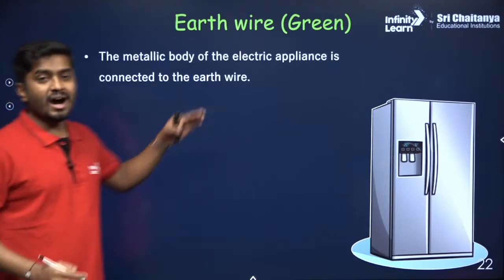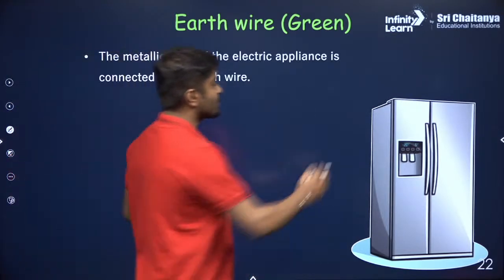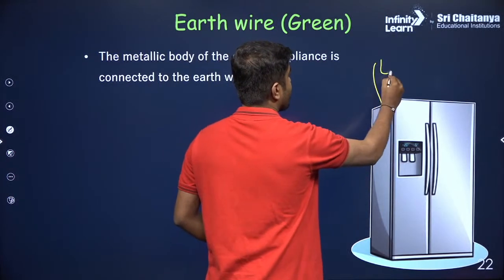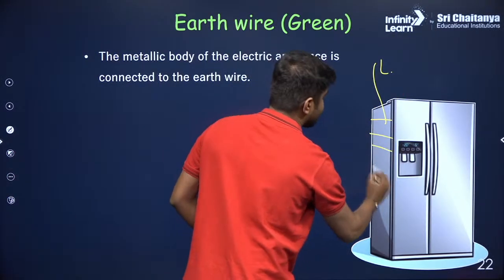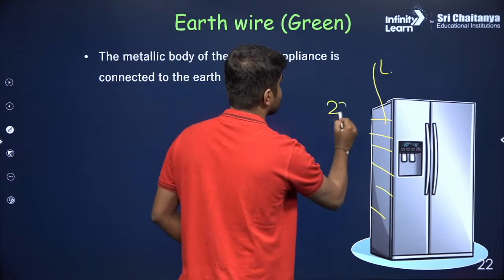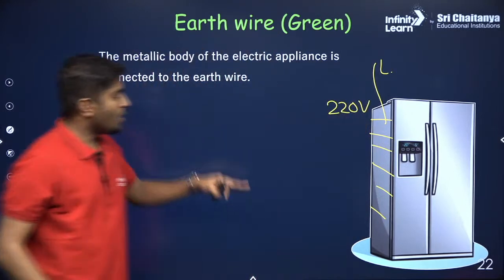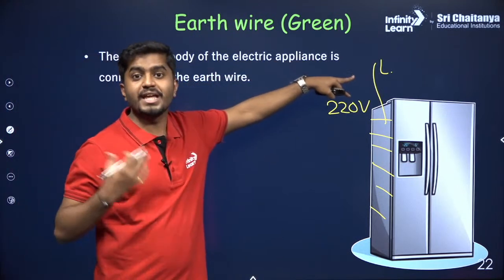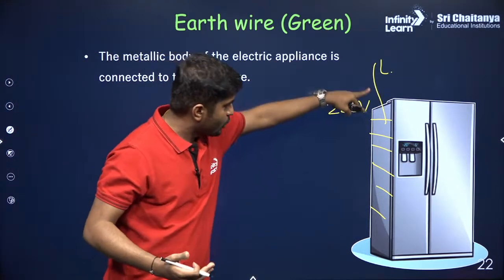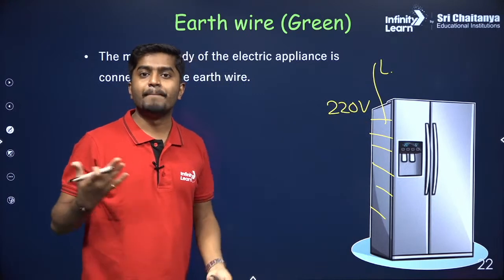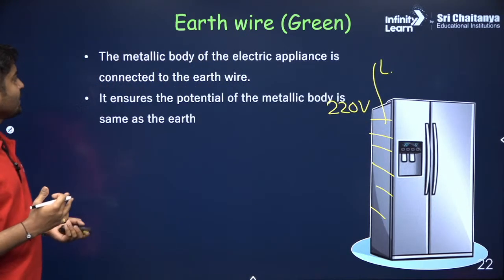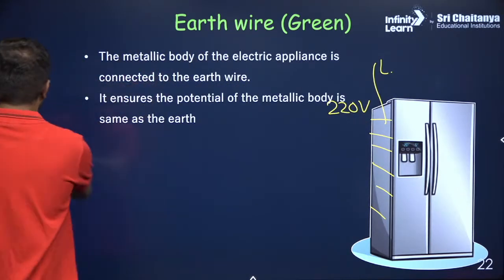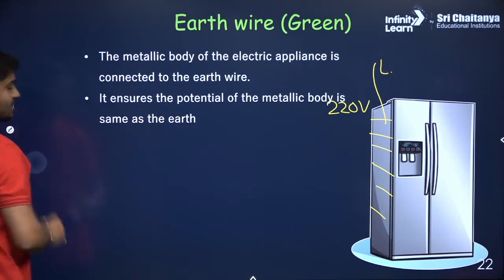Okay, so now what is earth wire? Let's suppose here there is a live wire, and because of that this one is at 220 volts. So now this charged object, the live wire, has a lot of free electrons. They will flow to this device or to this metal plate. So what will happen if you connect the earth wire, let's suppose I'll use a green symbol?